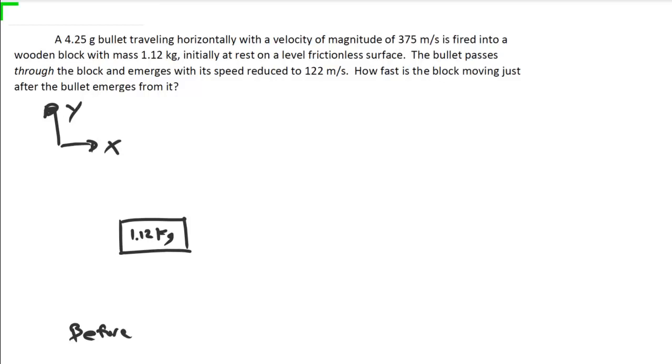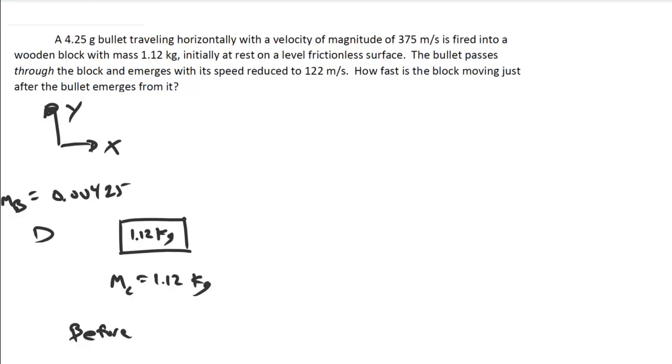And then we have a bullet over here, and it has a mass of 4.25 grams. Let me call this a crate instead, MC for crate, that way I can use different subscripts. So the mass of the crate is 1.12 kilograms, and the mass of the bullet is 4.25 grams, so 0.00425 kilograms. So we have some consistency there.